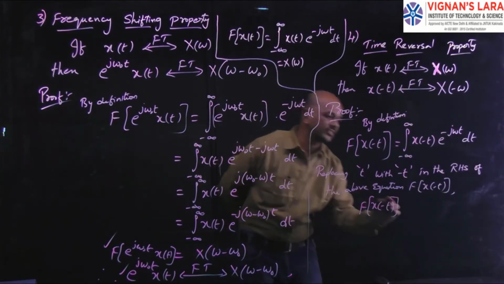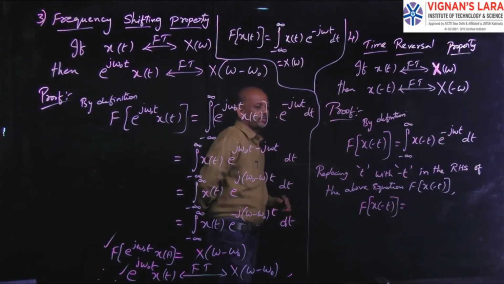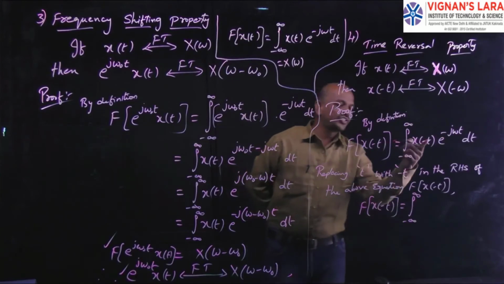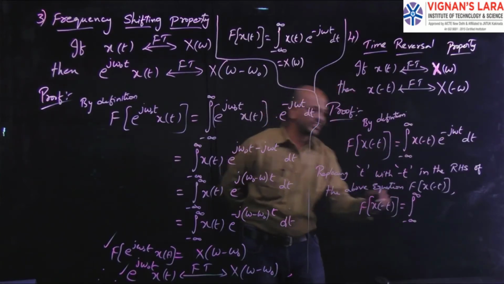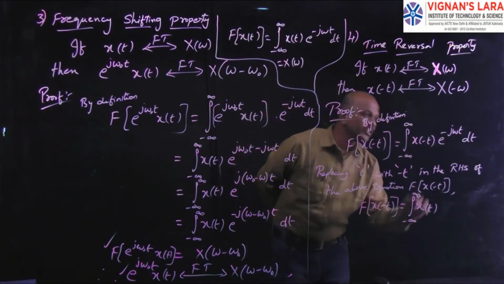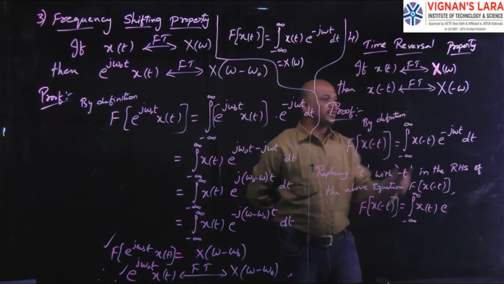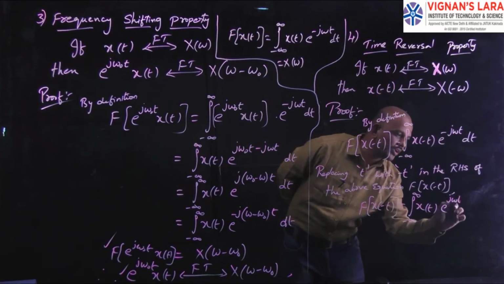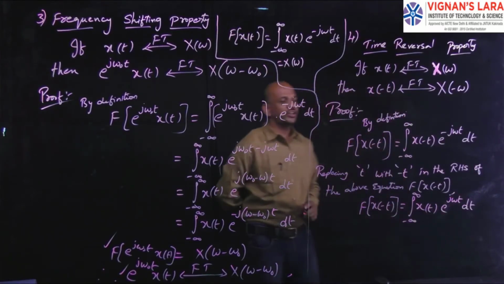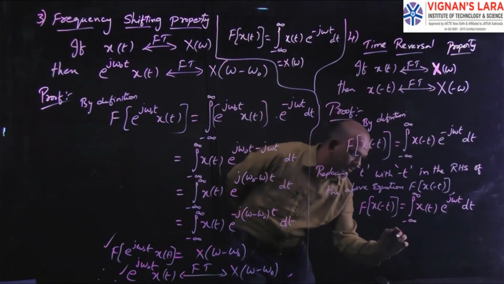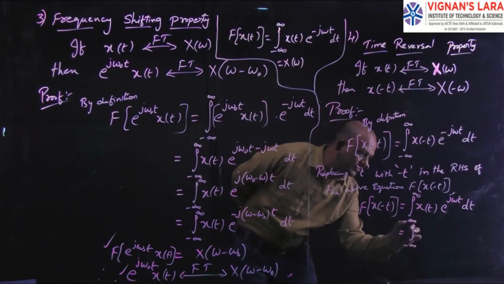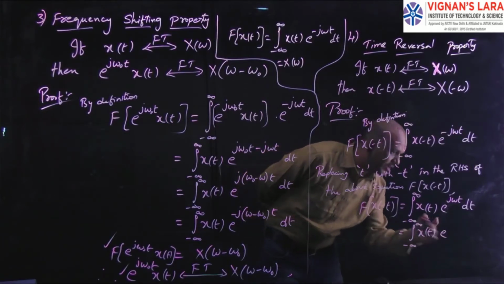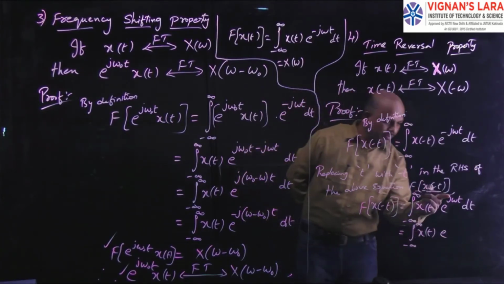The Fourier transform of x of minus t will be equal to the integral from minus infinity to infinity. Replacing t with minus t, minus of minus t plus t, that is x of t into e power j omega t dt. That will be equal to the integral from minus infinity to infinity of x of t e power minus j, and here I apply a minus to omega.